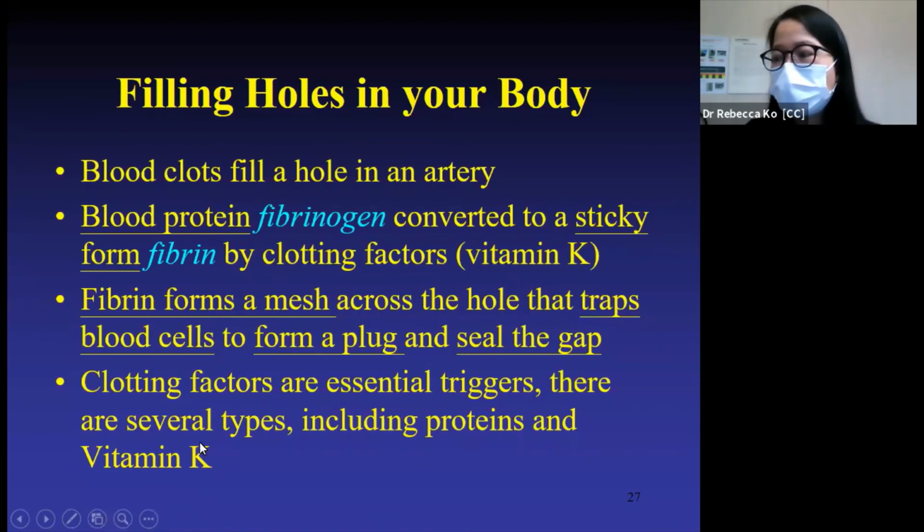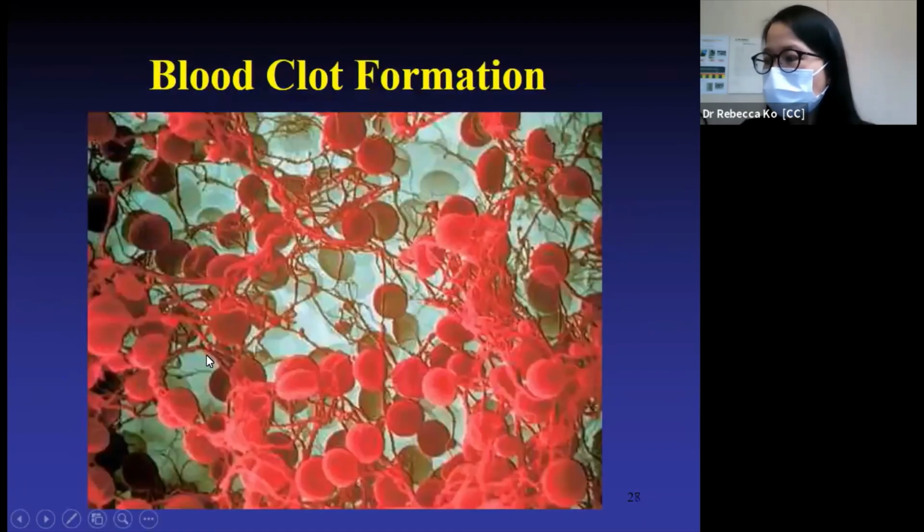The process of forming fibrin helps us trap the blood cells if there's accidentally a bleeding. Let me show you the diagram and give you a general idea. All these red balls are the red blood cells.